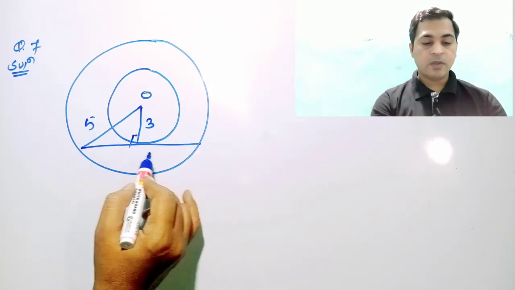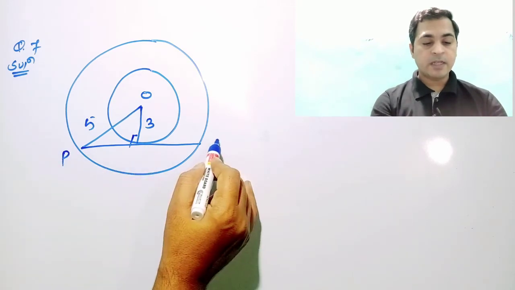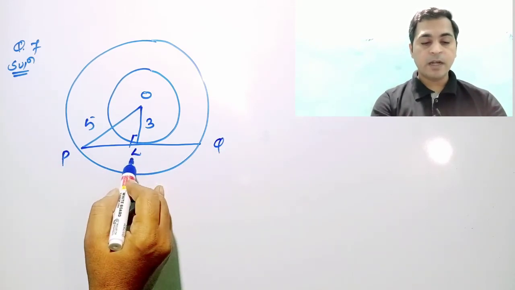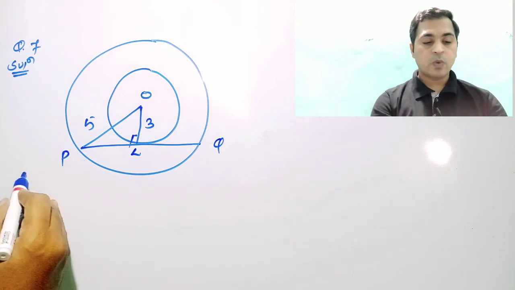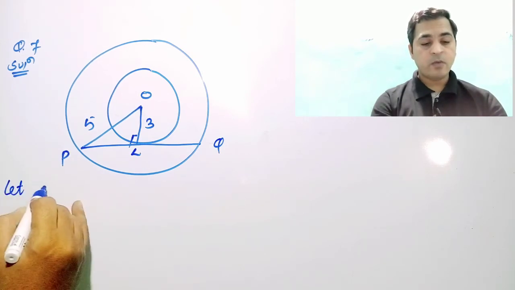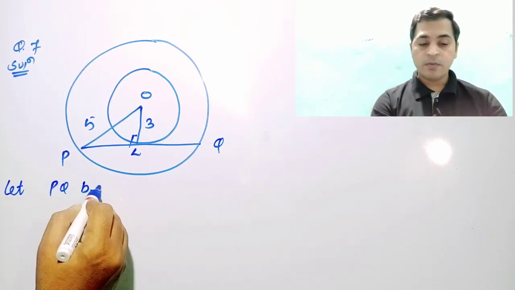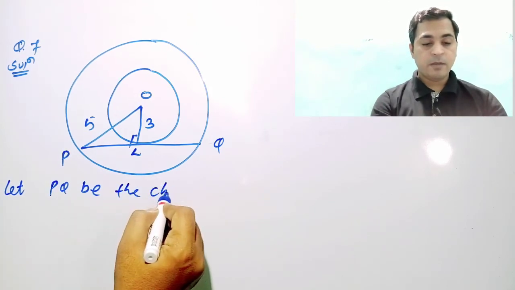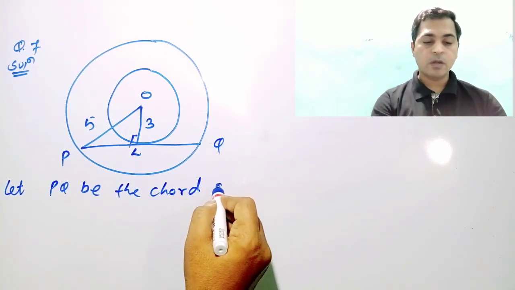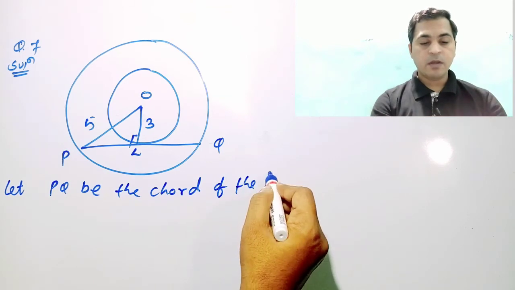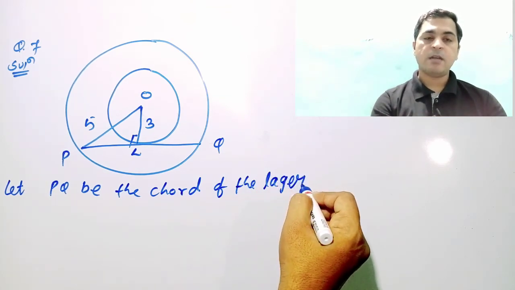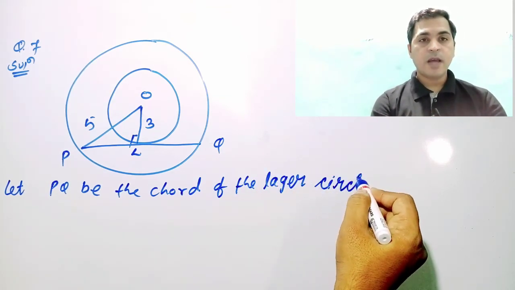Okay, and we know that tangent is always perpendicular to the radius. So the chord of the second circle will become the tangent of the first circle. So let PQ be the chord of the larger circle.